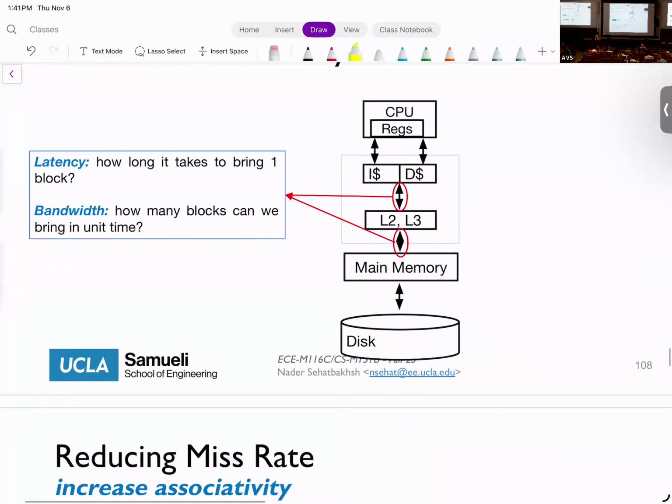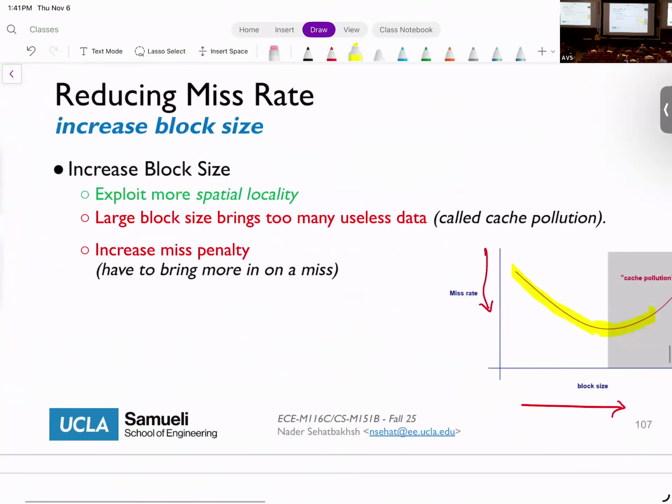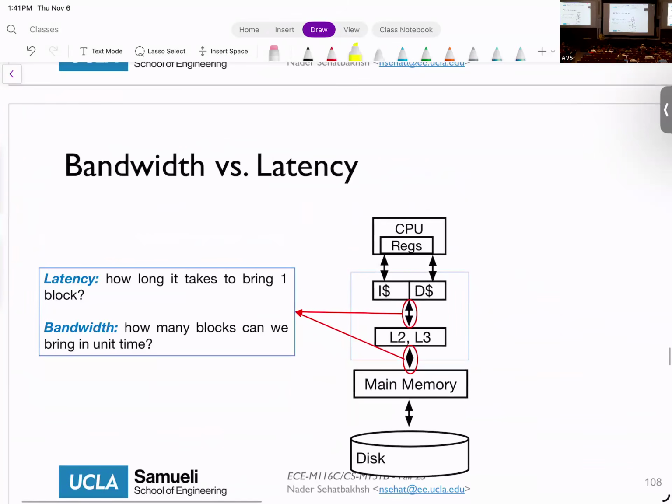The second thing that you can do, and by the way, one thing before going into the second item, is the difference between bandwidth and latency. Okay. In cache design, in memory design, when I say latency, it means how long it takes for me to bring one block of data.